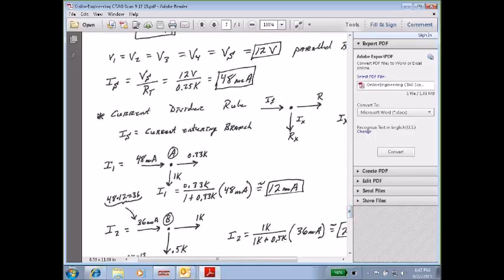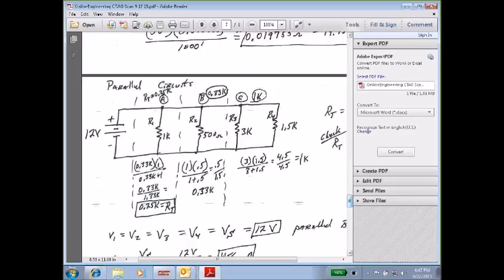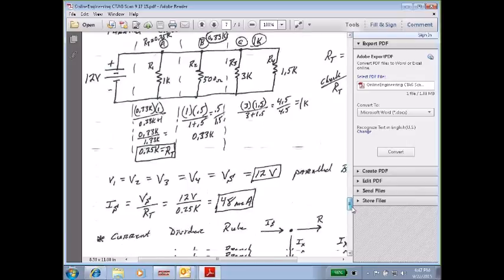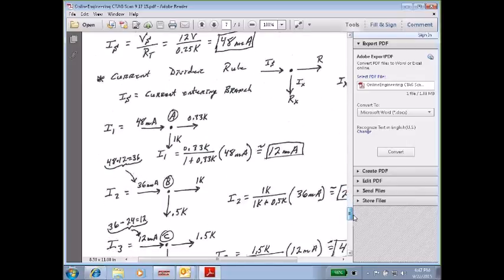Now I can find I1: 0.33K divided by 1K plus 0.33K, times 48 mil. That's 12 milliamps. Okay, so now we've got 48 mil coming in. We've got 12 going this way. How much we got going over here? We got 36 going into junction B.